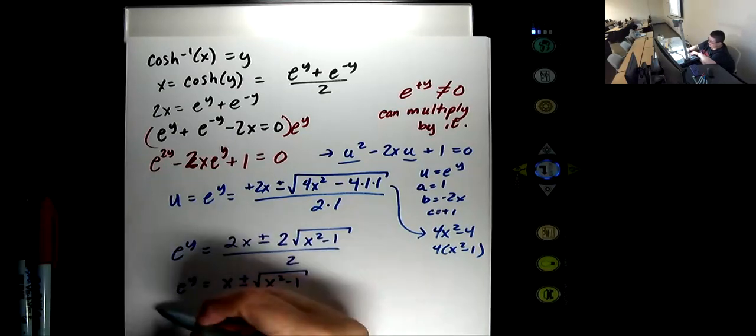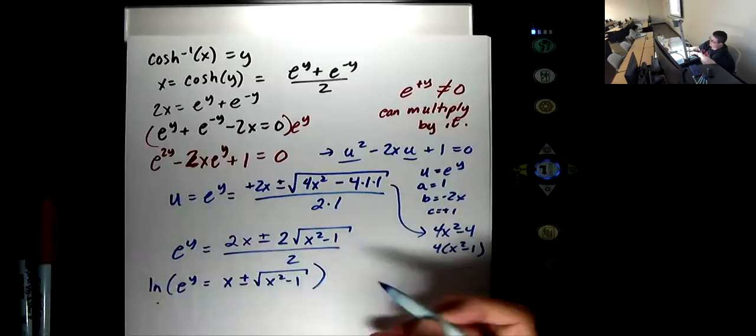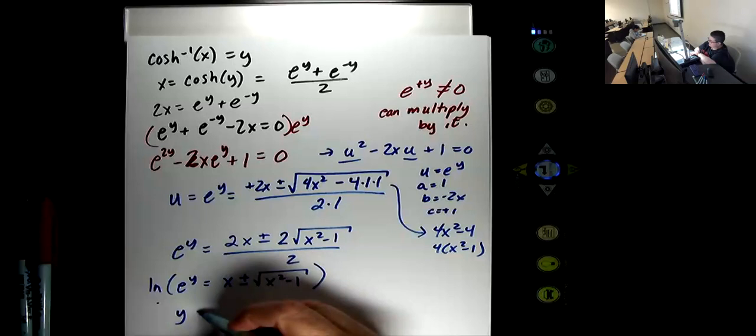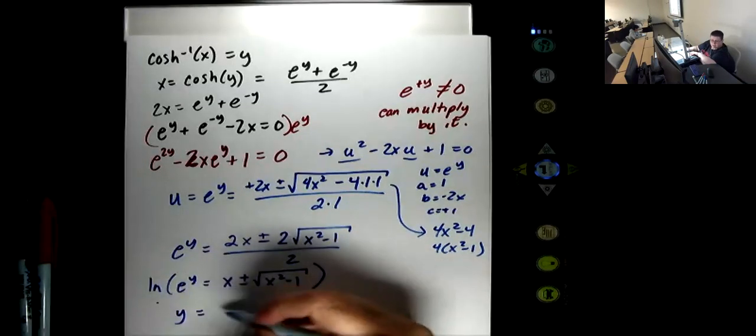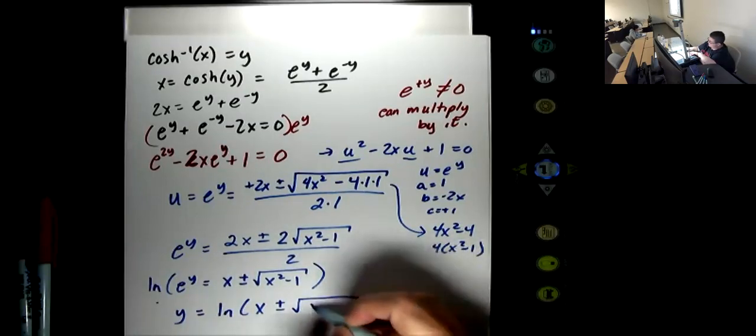We take the natural log of both sides. Natural log of e to the y is just y. We have natural log of x plus or minus the square root of x squared minus 1.